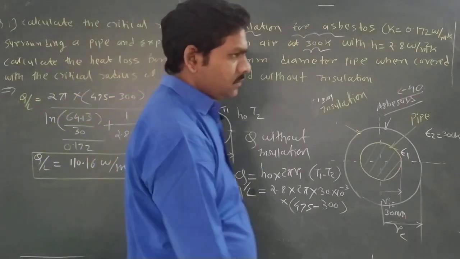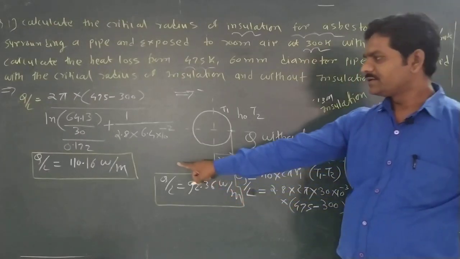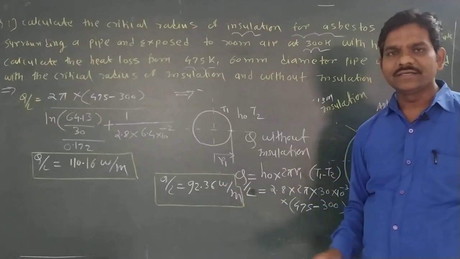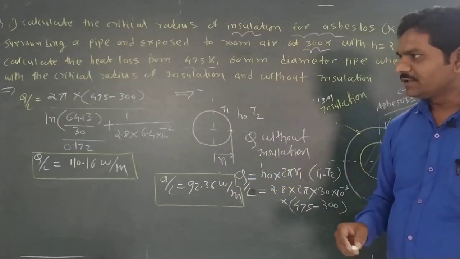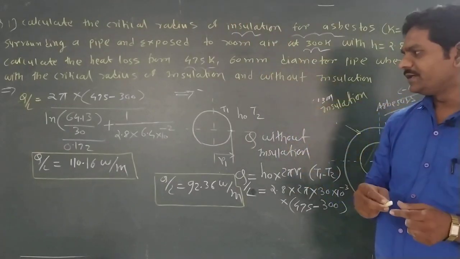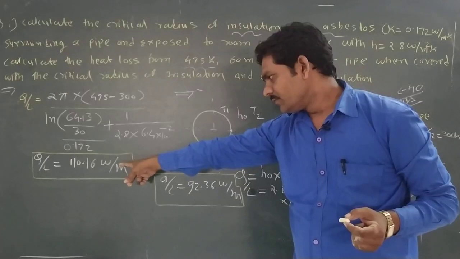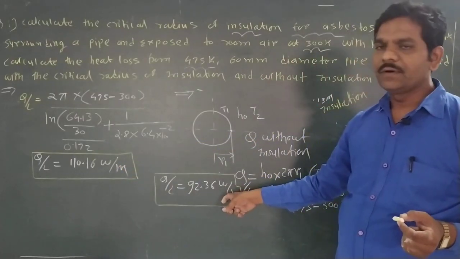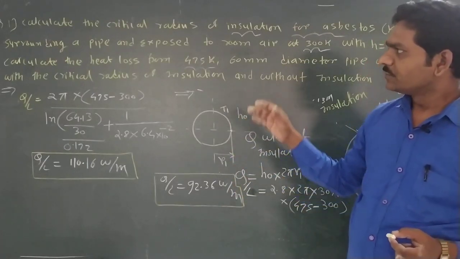Okay, so these are the two answers we have to determine. The first answer is with insulation and the second answer is without insulation. If you observe both answers, the maximum heat is transferred with insulation, and a lesser amount of heat is transferred without insulation.